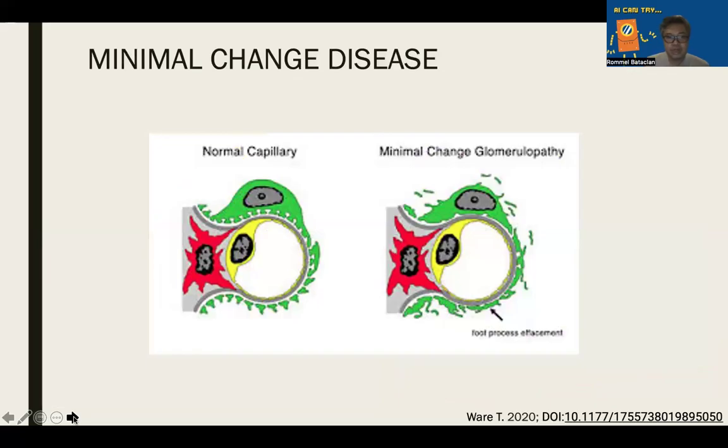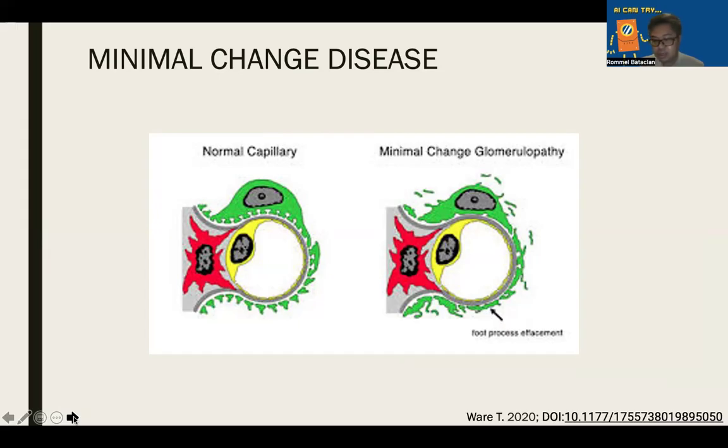In minimal change disease, which is the most common nephrotic syndrome among kids, the etiology is usually idiopathic.